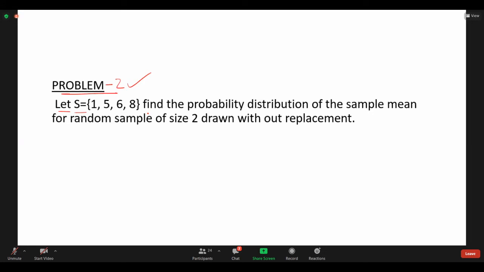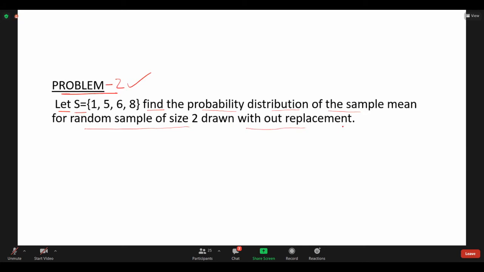Find the probability distribution of the sample mean for a random sample of size 2 drawn without replacement.